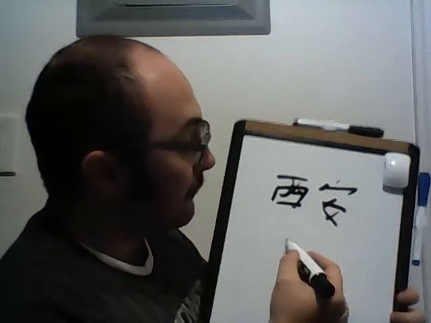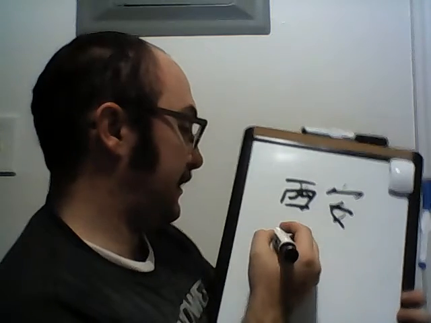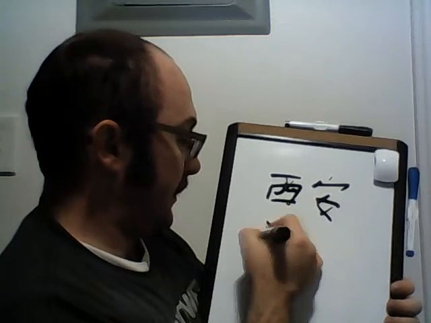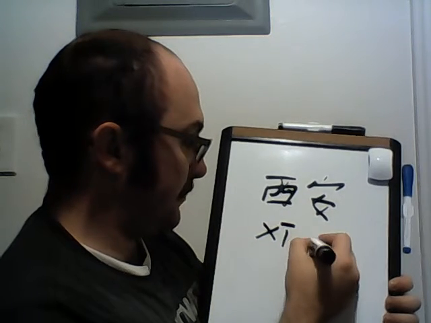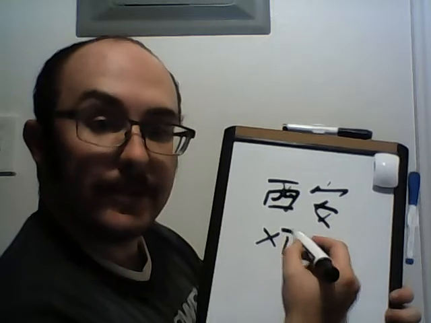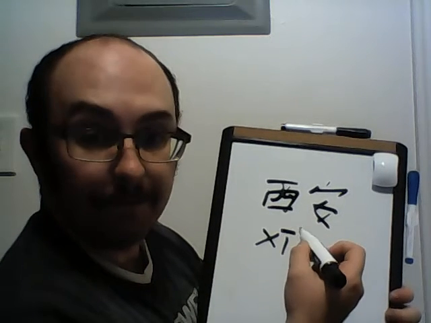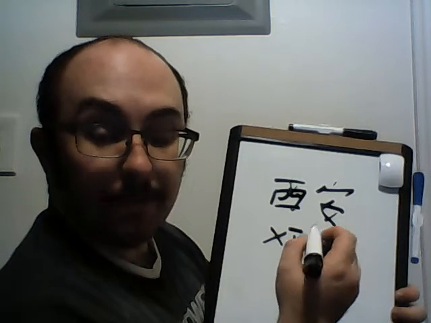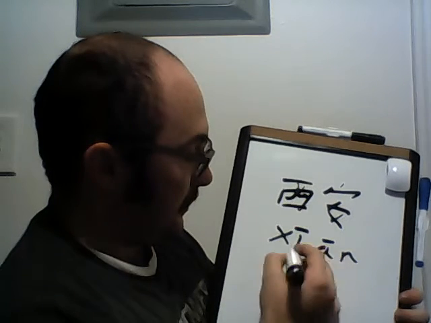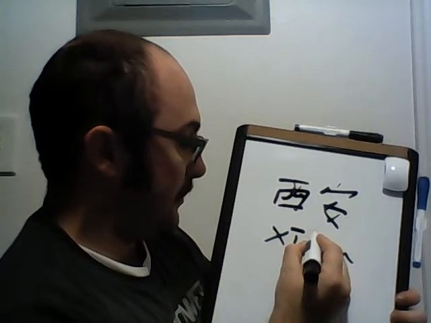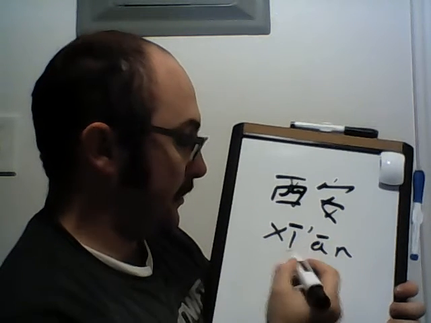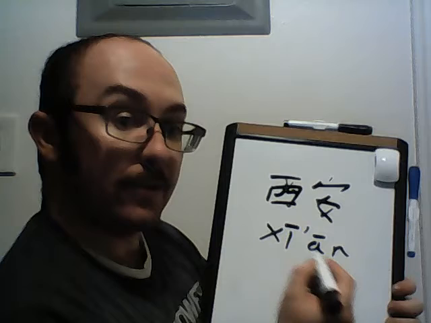Xi'an. Now, in the pinyin, you write it X, I with the first tone, A with the first tone, and N. The tone marker will always go in pinyin over the vowel, or over the primary vowel if it's a compound sound. Now, Xi'an, they'll write it and they'll put an apostrophe in there to signal that it's two different syllables.